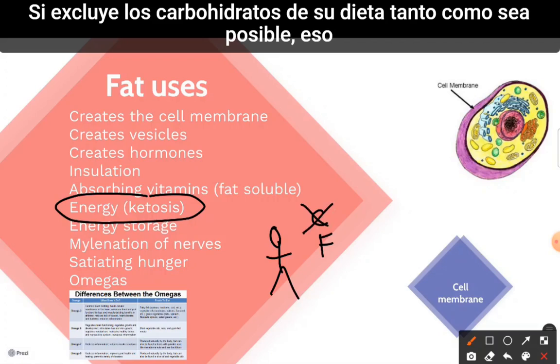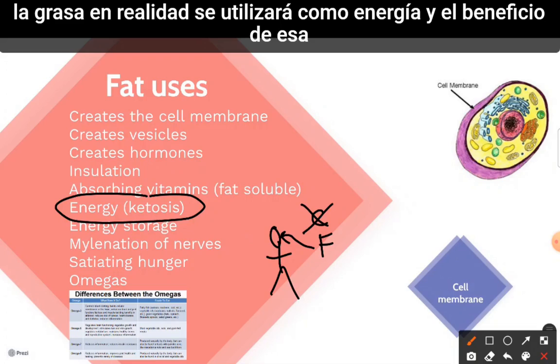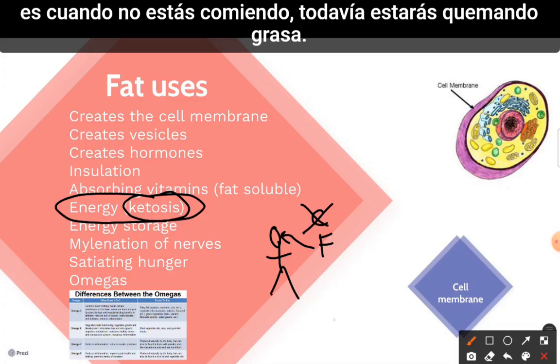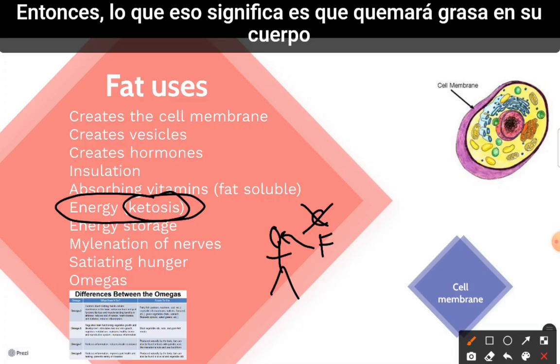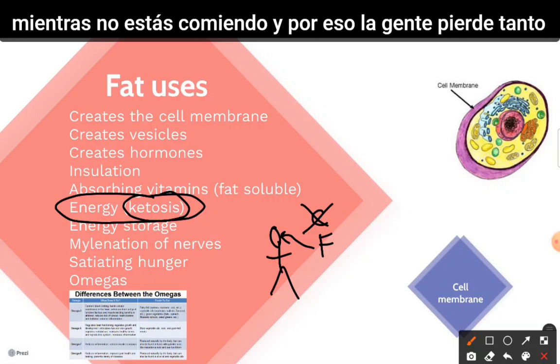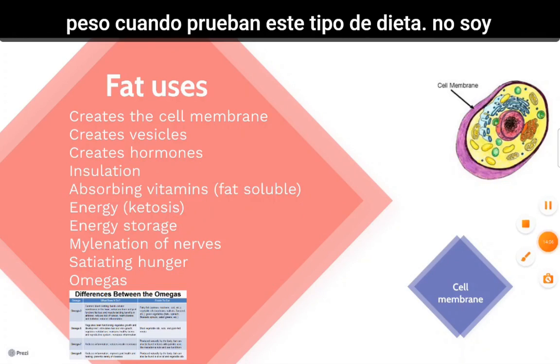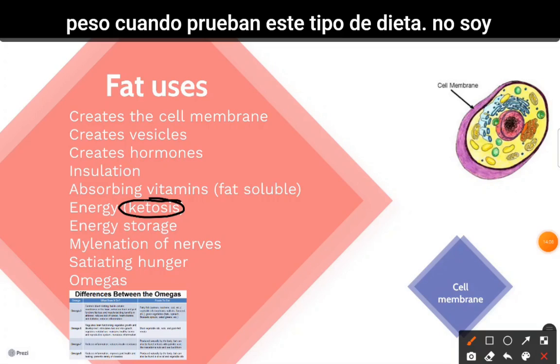If you exclude carbs from your diet as much as possible, that fat will actually be used as energy. And the benefit to that is when you are not eating, you will still be burning fat. And so what that means is you'll be burning fat on your body while you're not eating. And that's why people lose so much weight when they try this kind of diet.